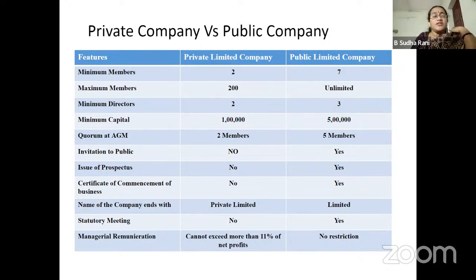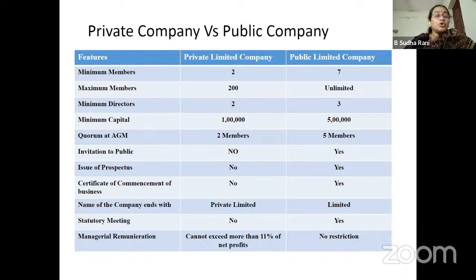The next, after incorporation. Incorporation means what? Registration. So after registration, a private company can start its business. Okay, but the public company cannot start its business. It has some other procedure called raising of capital and getting a commencement of business certificate. So if you look into that certificate of commencement of business, public limited companies cannot start their business after incorporation.